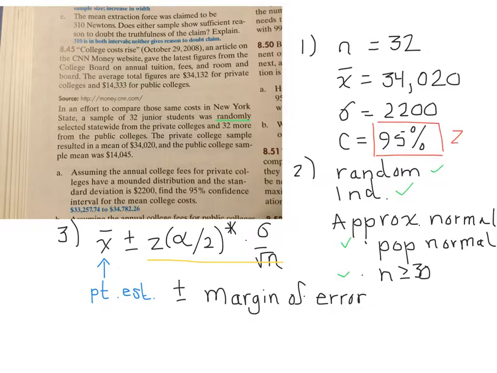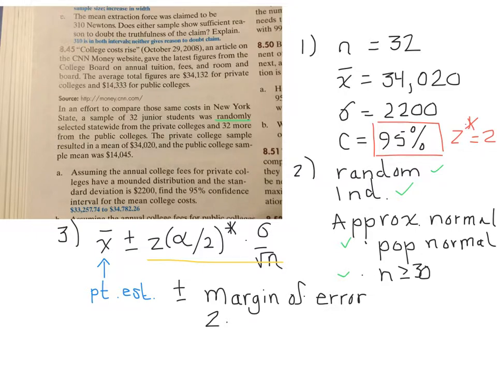So our z star here, or critical value, is 2, because we know about 68% of the observations in a normal distribution should be within 1 standard deviation of the mean, 95% should be within 2, and 99.7% should be within 3. So we want 95%. So our z star in this case is equal to about 2.